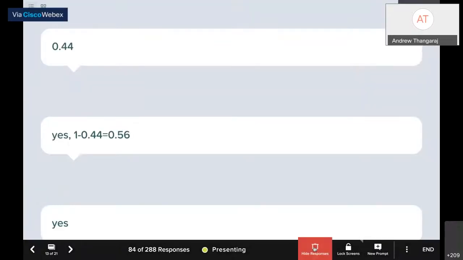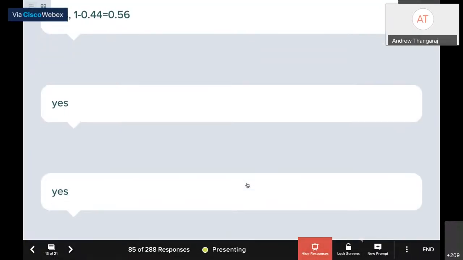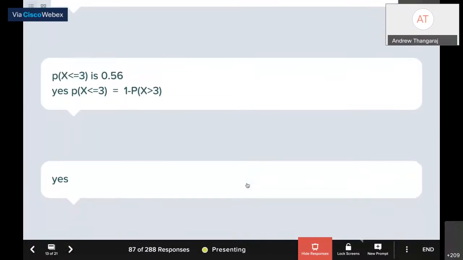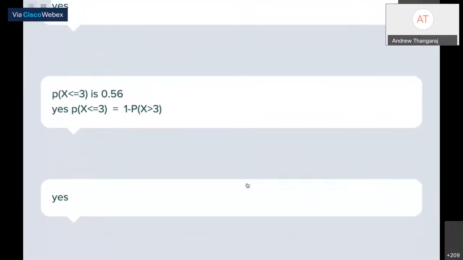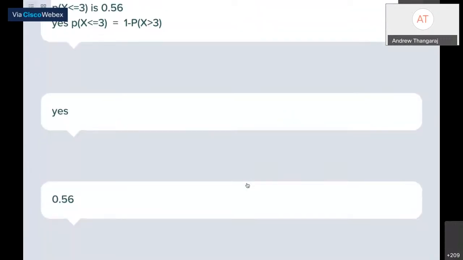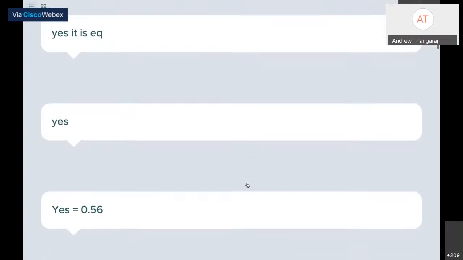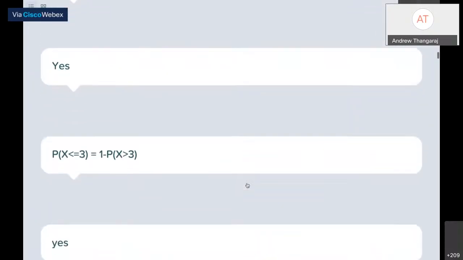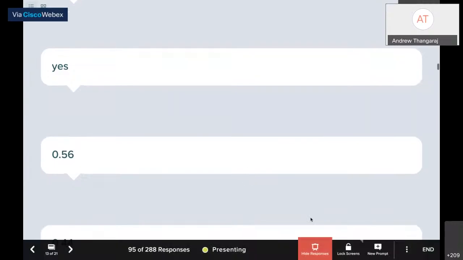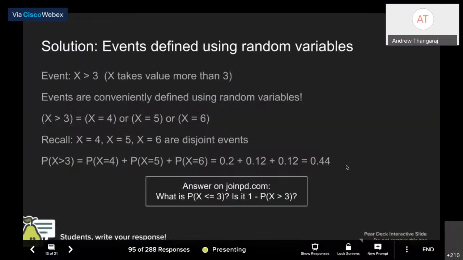So the probability that X is less than or equal to 3 is 0.56. Some people are confused about the 0.44. Remember, 0.44 is the probability that X is greater than 3, the calculation we did just now. The probability that X is less than or equal to 3 is 1 minus 0.44, the negation of that, so that would be 0.56.